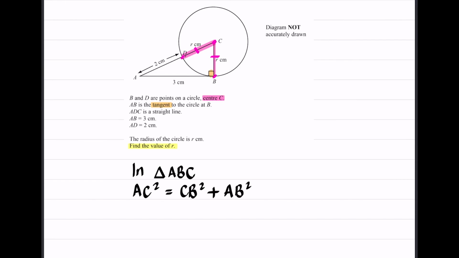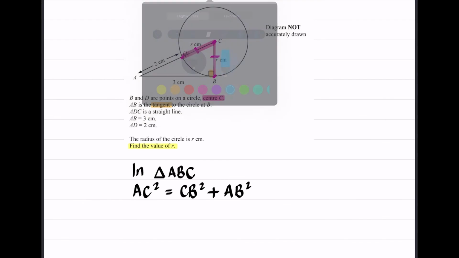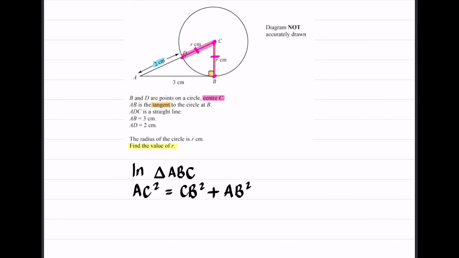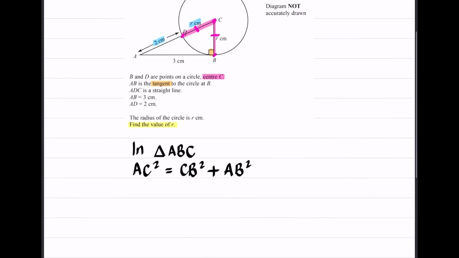Now, when I get to AC, AC is this whole length here. So that length consists of the 2 centimeters for AD as well as the R centimeters for DC. So AC is actually 2 plus R, but it's a binomial, so I'm going to put it into brackets.